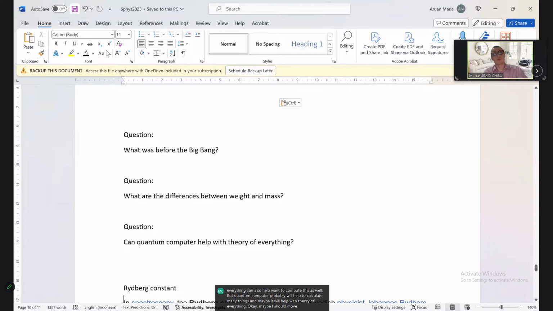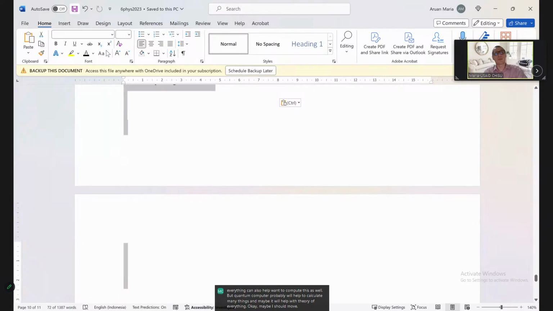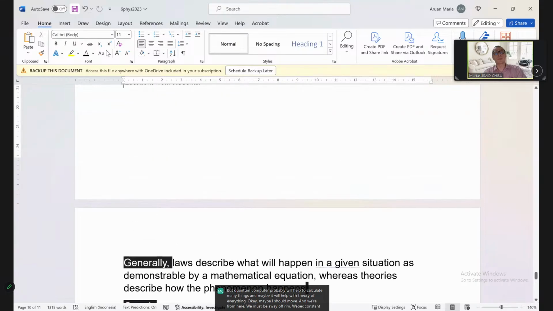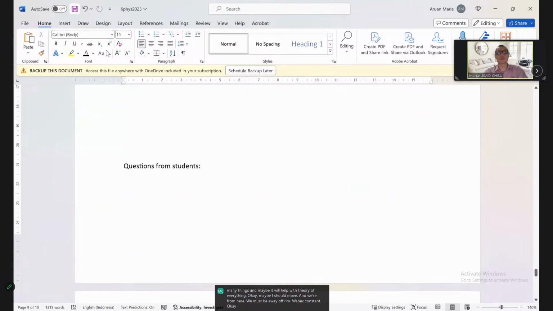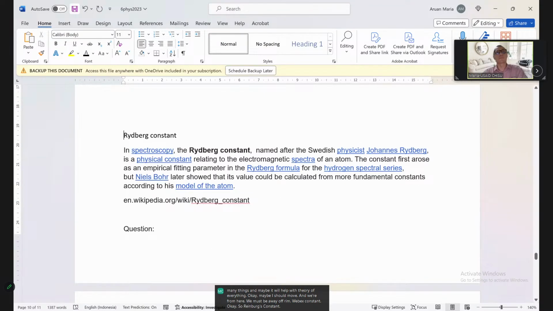Okay, maybe I should move Rydberg's constant away from here. We must be aware of Rydberg's constant. Okay, let me paste it here. So Rydberg's constant is used in the energy expression of an electron, right?